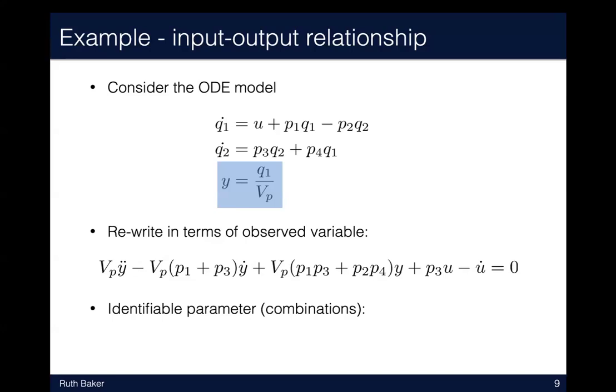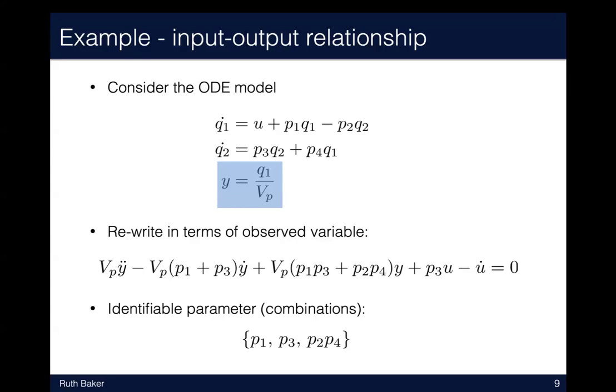Then I've got this product, but I still can't get those two. So out of this model, if I just measure Y, then the combinations of parameters that I could ever hope to learn would just be P1, P3, and the product of P2 and P4. Okay. So that's the idea behind thinking about input-output relationships and how they enable you to determine what parameters you might be able to measure.